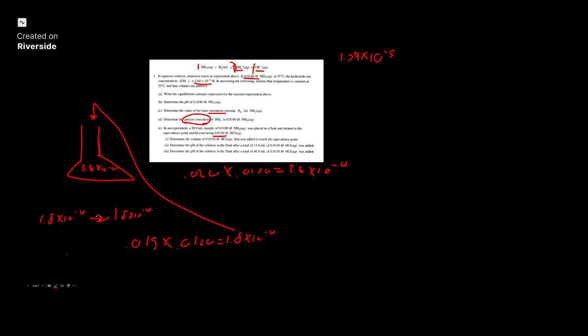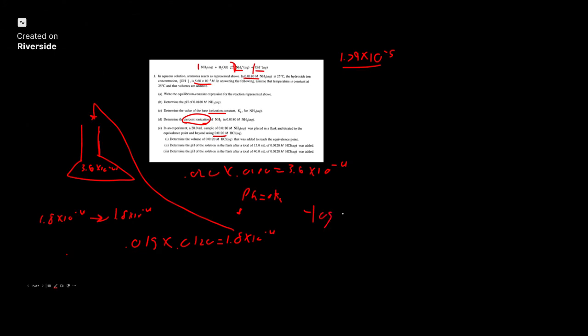So then this is known as the half equivalence point, and we know at the half equivalence point pH equals pKa, or vice versa, pOH equals pKb. So you can use your Kb value, okay?